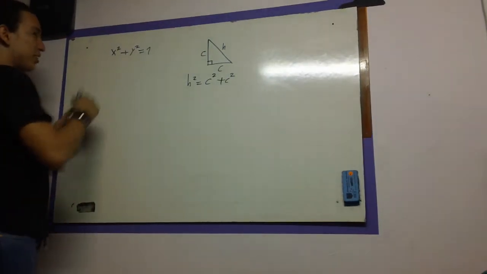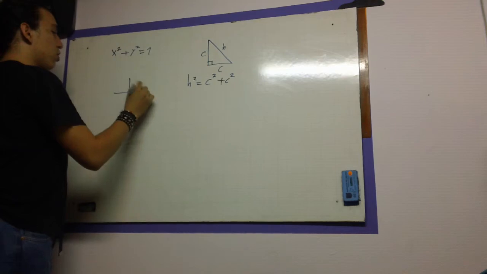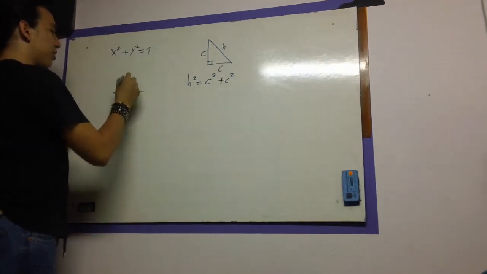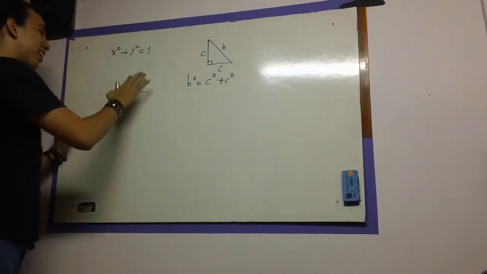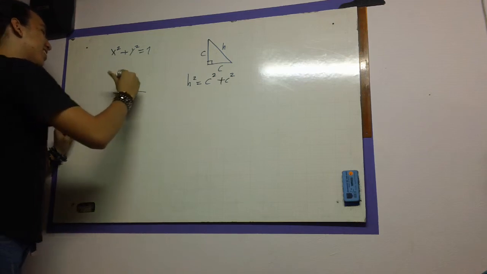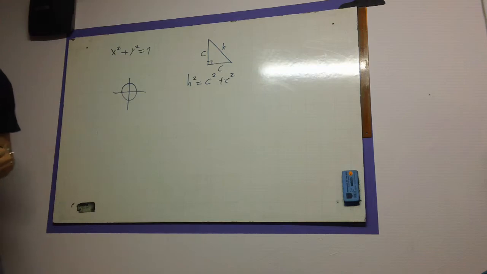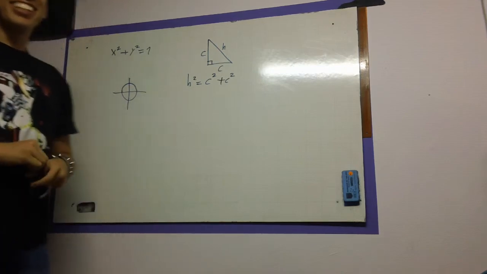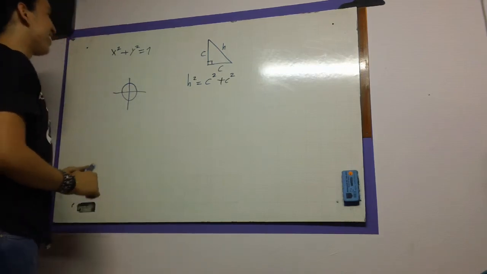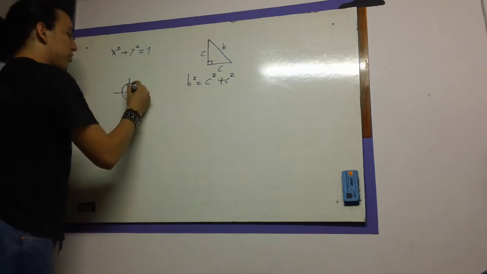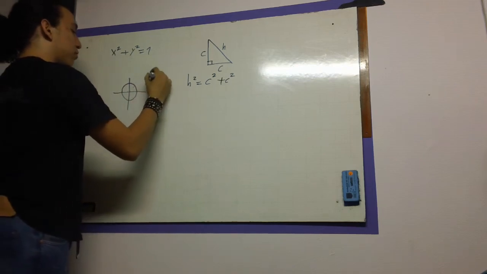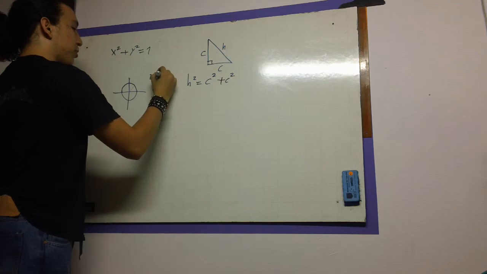So, according to this, you can draw a circle. Let's say it's a circle because I'm bad at drawing. The radius is going to be 1.